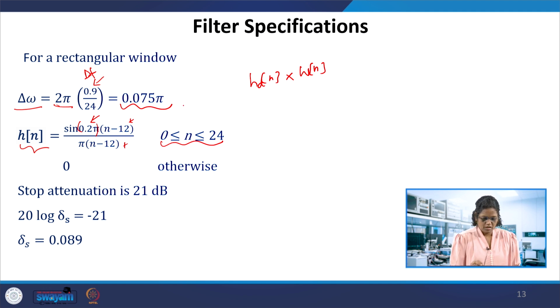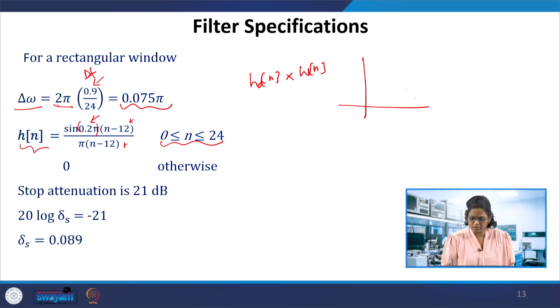We can see the obtained coefficients for the rectangular window, which result in a transition band that is not straight, of 0.075 pi. And the stopband attenuation corresponding to the rectangular window is 21 dB.